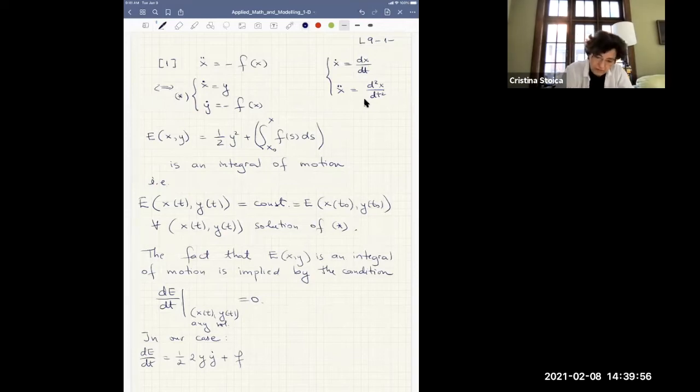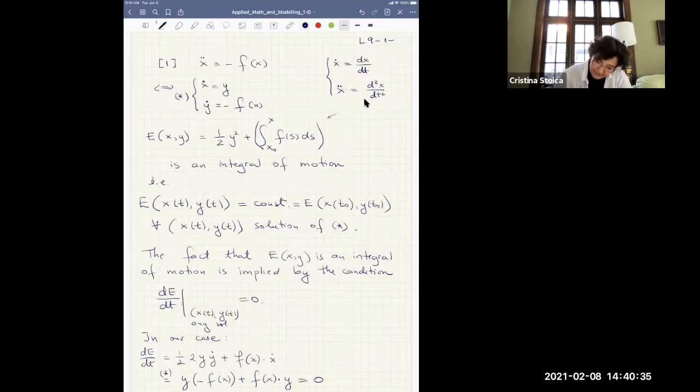Because we cannot integrate with x and then have x up there, right? So now we do the derivative of this term. So this would be f of x and then again x dot. So in this case, 1 over 2 times 2 just goes away. So it's y times y dot. Looking at the system, y dot is minus f of x, plus f of x times x dot, which is y. Oh, and surprise, surprise, this is 0.